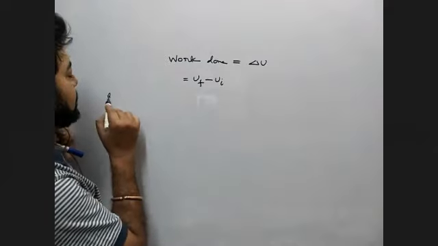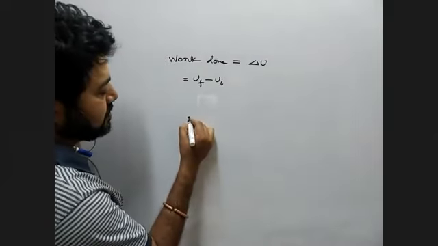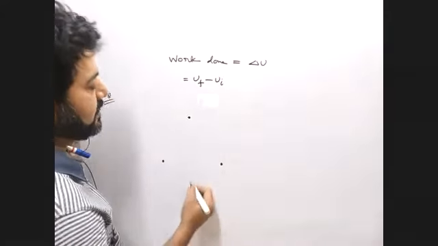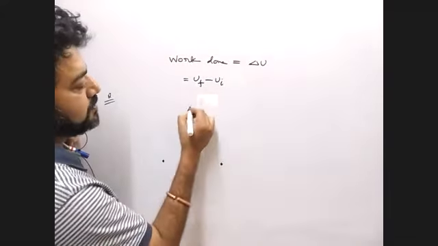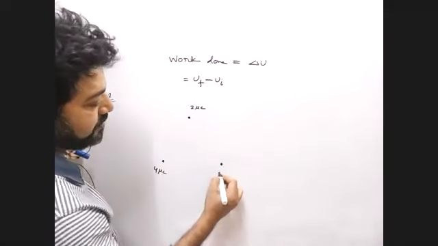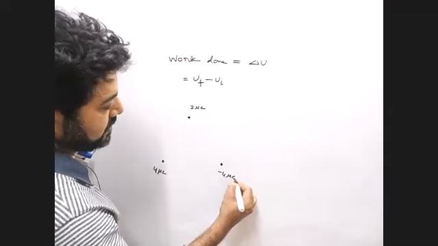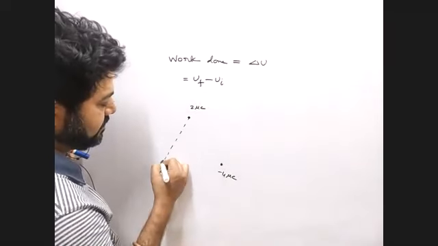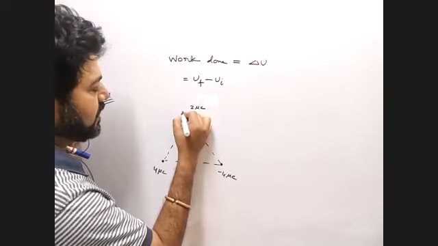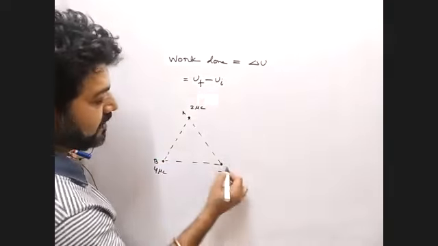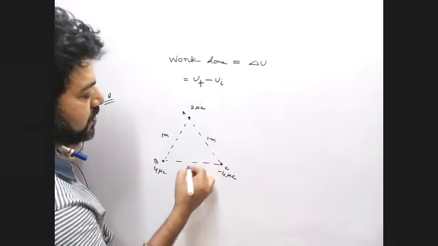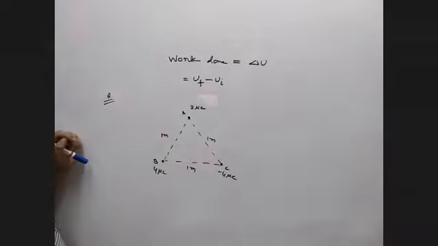So I give you one question. Suppose you have 3 charged particles, 2 microcoulomb, 4 microcoulomb, minus 4 microcoulomb, A, B, and C. Let the distances be 1 meter, 1 meter, and 1 meter.